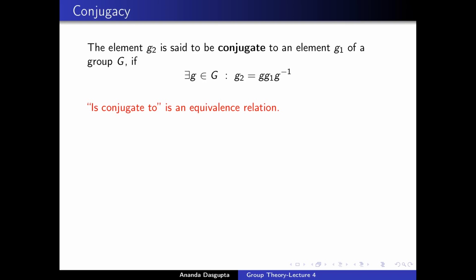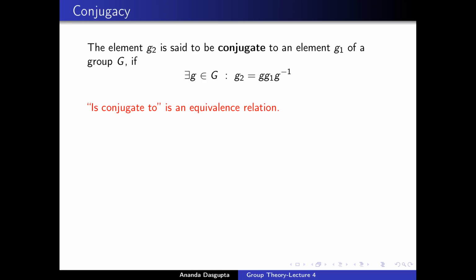Since every element of the group has an inverse, this symmetry of the conjugacy relation works nicely. It's very easy to check along similar lines that the relation is also transitive. So because you have reflexivity, symmetry and transitivity, this relationship, of course, is an equivalence relation.